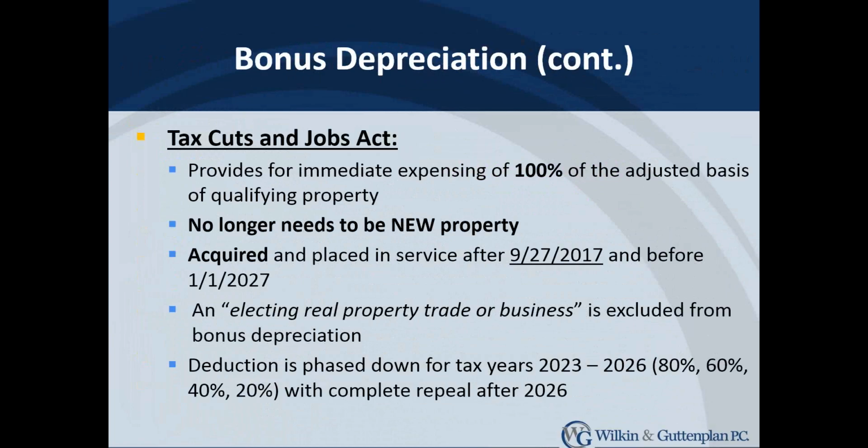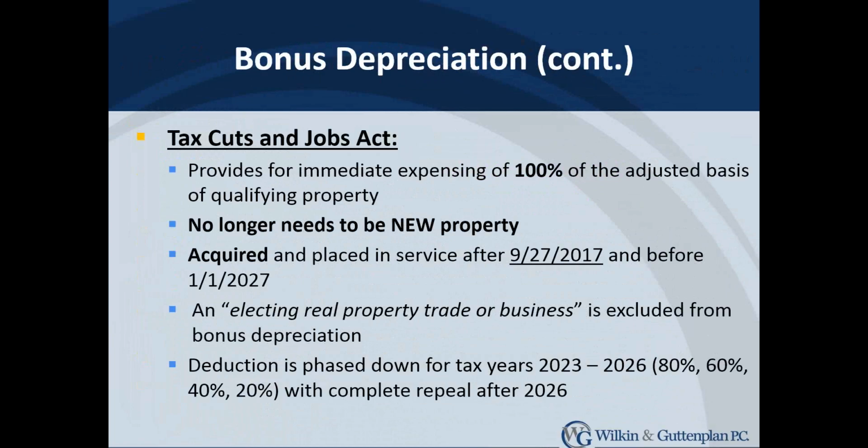One interesting thing to note, a lot of the provisions we're going to be discussing are applicable for tax years after December 31st, 2017. With bonus depreciation, it applies to assets acquired and placed in service after September 27th, 2017, which provides an opportunity in the fourth quarter of the past calendar year for many to consider this immediate expensing of assets acquired. Bonus also will not apply to an electing real property trade or business, which we'll discuss in a later provision.